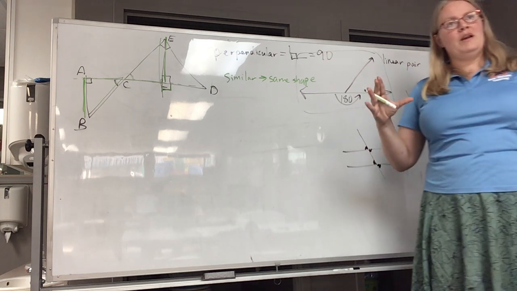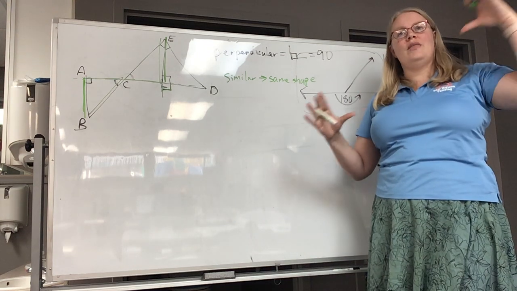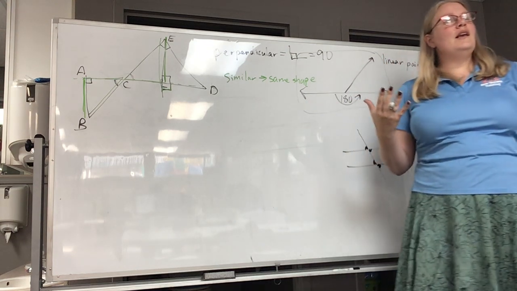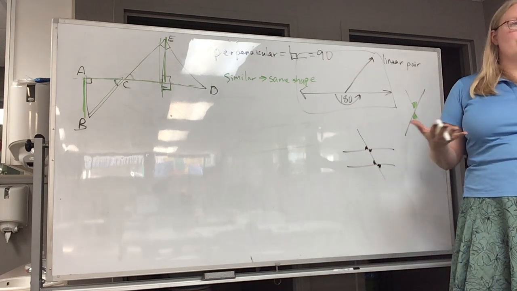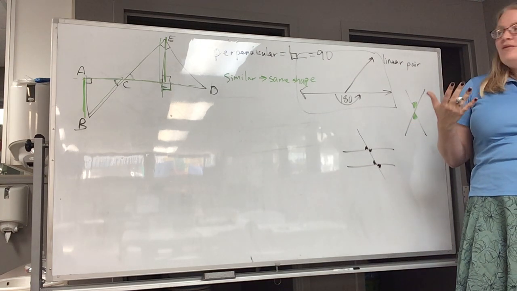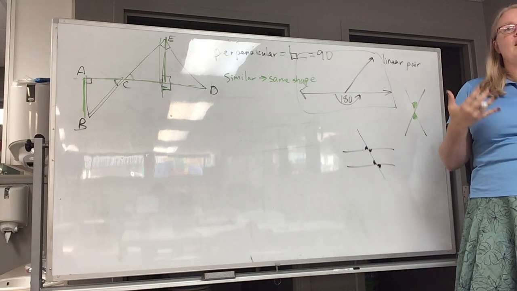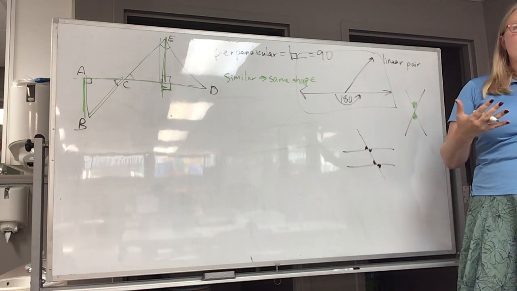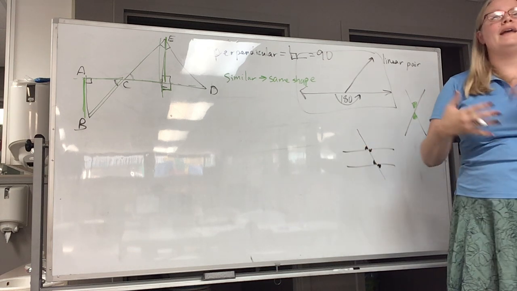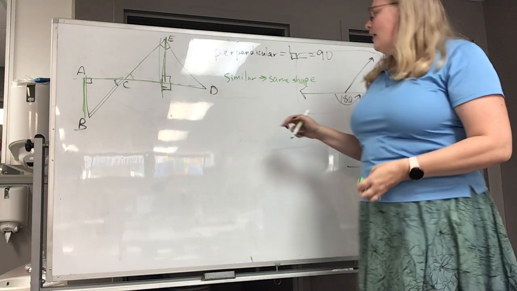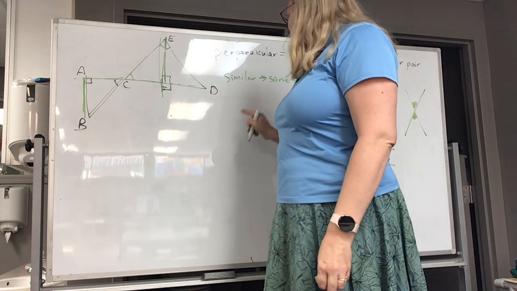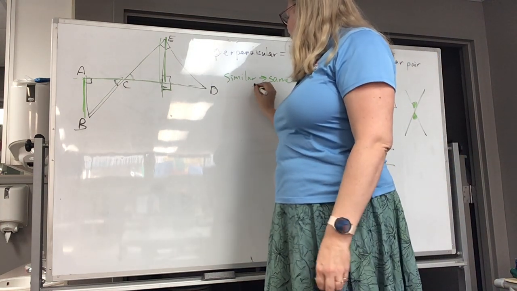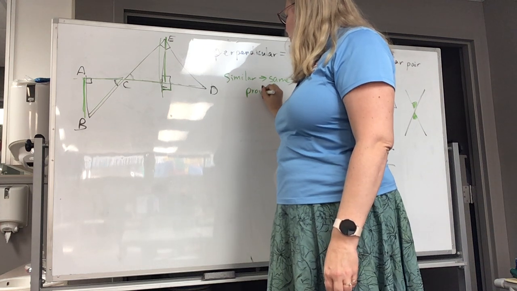If we resize a picture and the proportions stay the same, then it looks right. It's just a different size. But if you mess up those proportions, it gets distorted. The nose is too long, the body is too wide, something goes wrong. And so in order to be similar, it's going to have the same shape and it's going to be proportional.